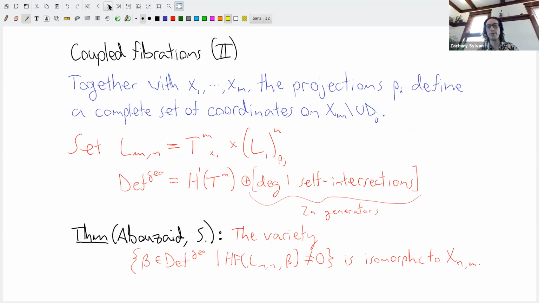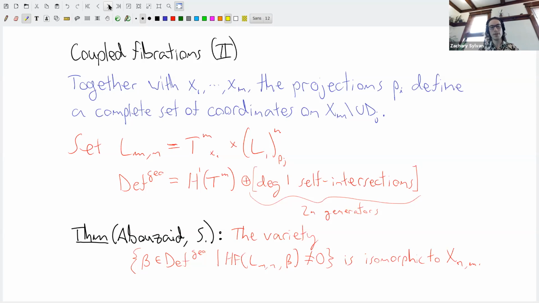And what this lets us do is we can completely understand holomorphic disks in XMN and holomorphic curves in general, because we can split them into this full set of coordinates. And so to piece them back together, you need to impose some incidence conditions, but basically this reduces holomorphic curve theory in this big complicated manifold to holomorphic curve theory in 2 dimensions or in 1 dimension with some incidence conditions.